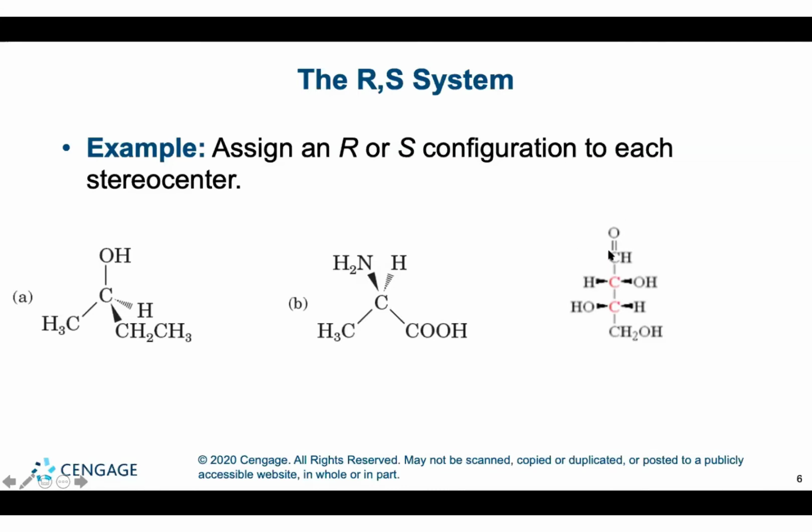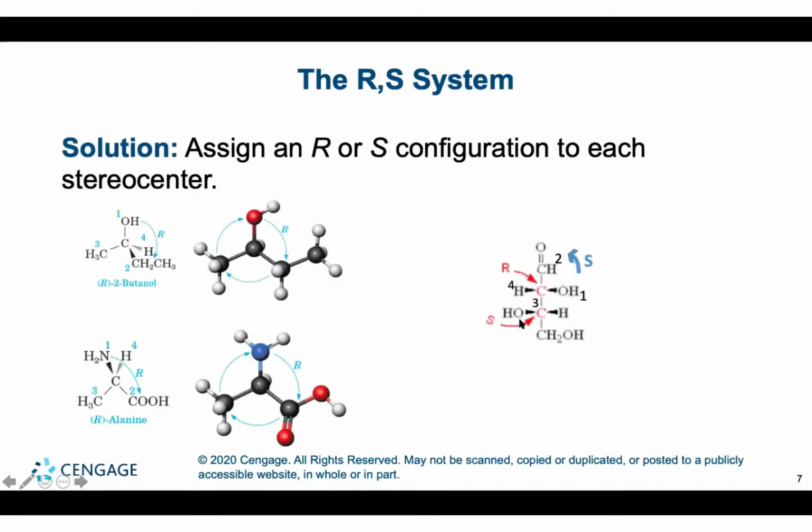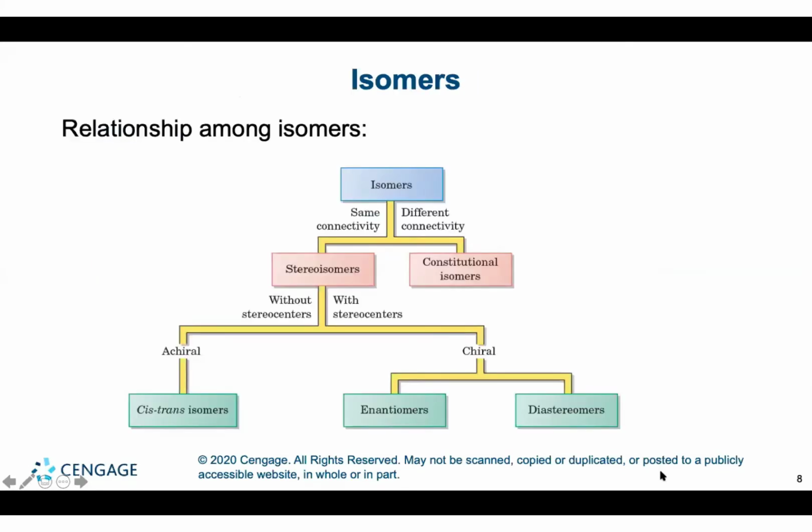So number 2, number 3, and number 4. So it's going to be 1, 2, 3, and 4. So it's going to be R configuration for this carbon, but because the hydrogen is in the front, it is going to be S configuration.